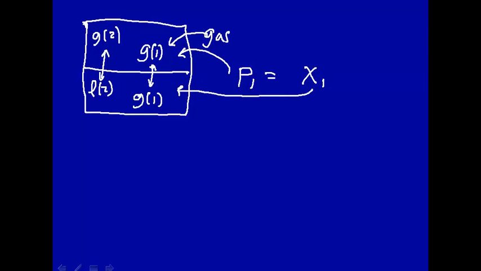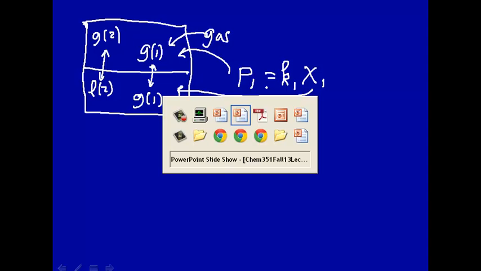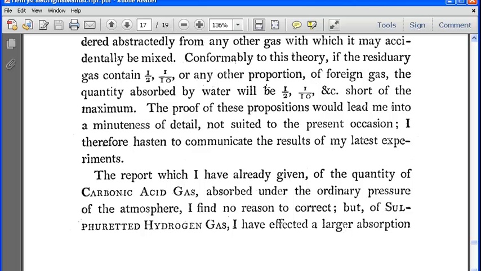So if you double the pressure, you double the concentration. And the proportionality constant is usually given the symbol lowercase k, and is particular for a particular component, and also depends on temperature.